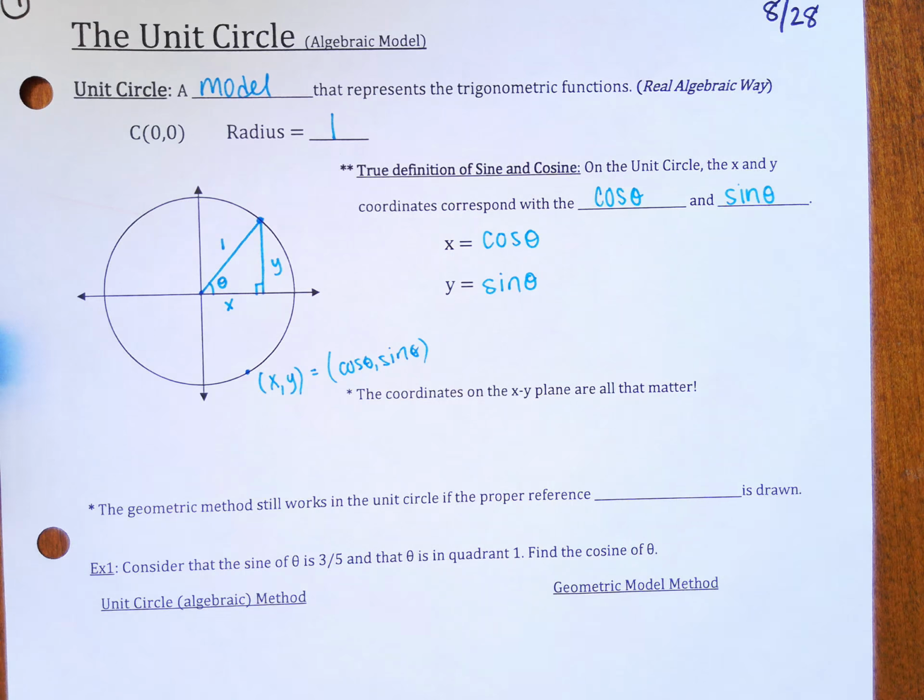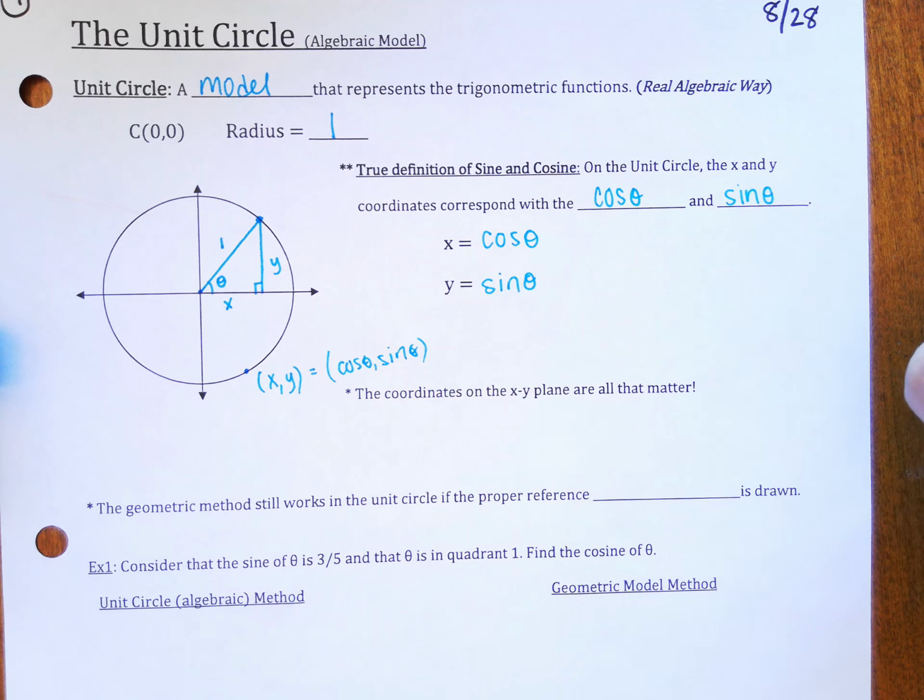And that simplifies things because we don't have to draw a reference triangle every time. We know that there's a reference triangle that we could draw, but in general, we can just look at our sine and cosine and look at the ratios of those things. We only care about the x and y coordinates.